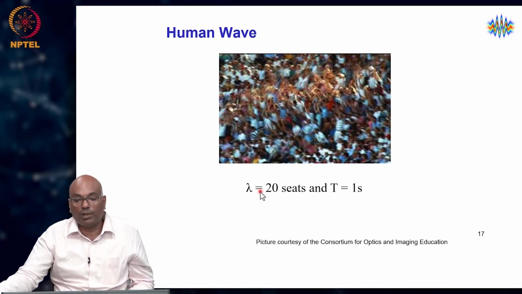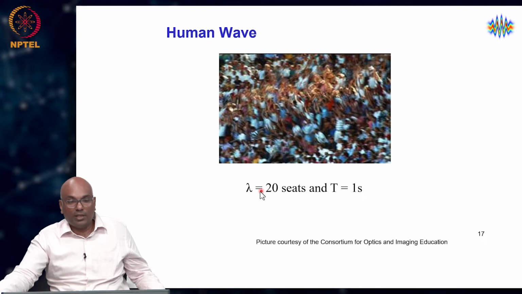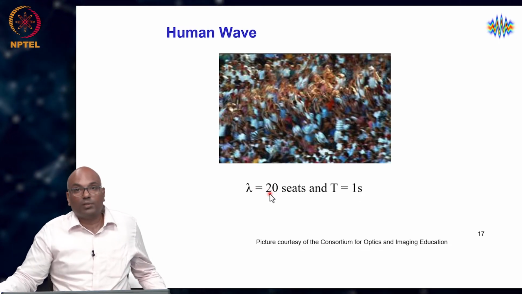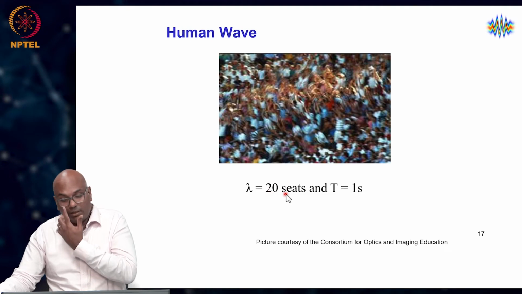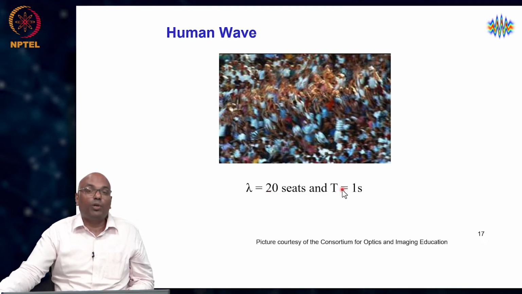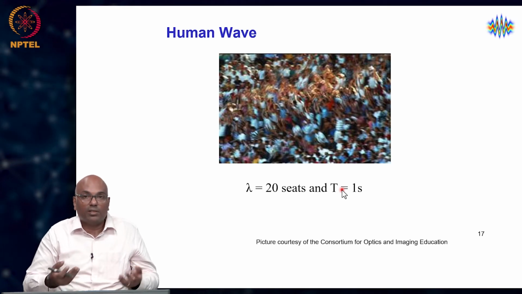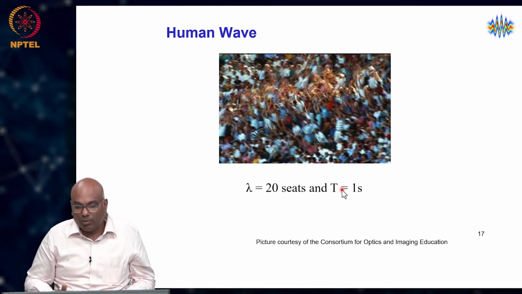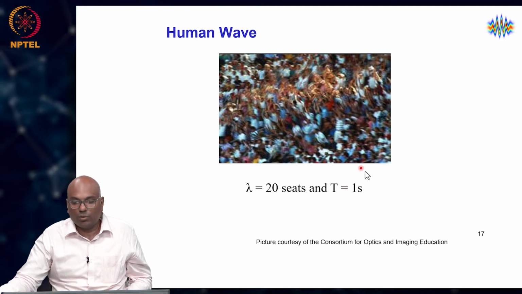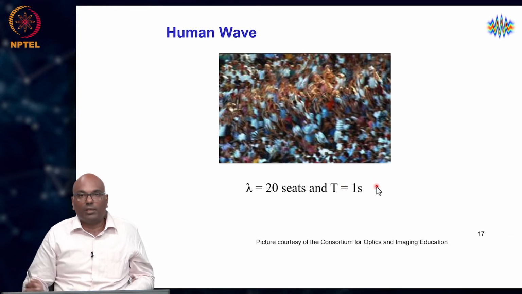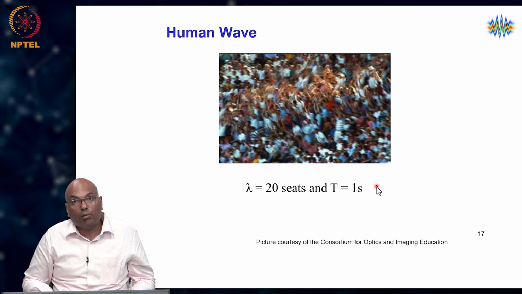That spatial periodicity is typically tens of seats. So, let us say the spatial period of the wave is 20 seats, and the temporal period of this wave, the period after which successive people get up and sit down, is about 1 second. So, tau is replaced here by capital T for the time period, it is 1 second.